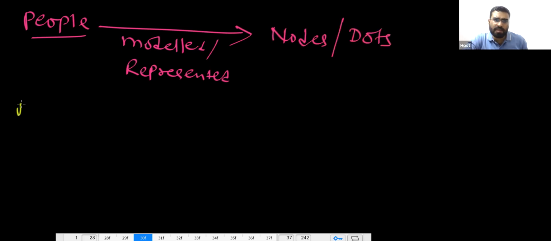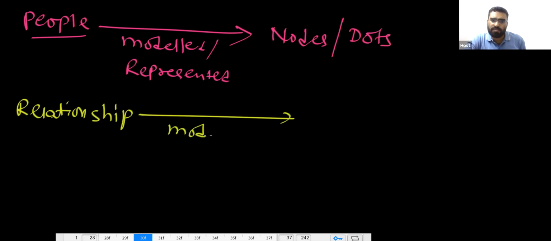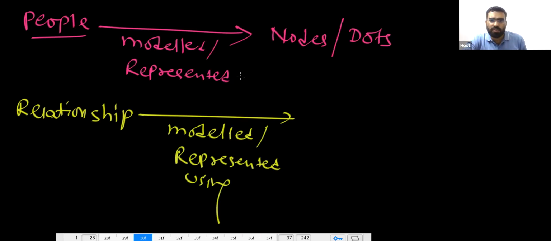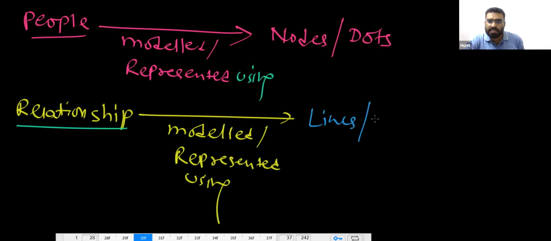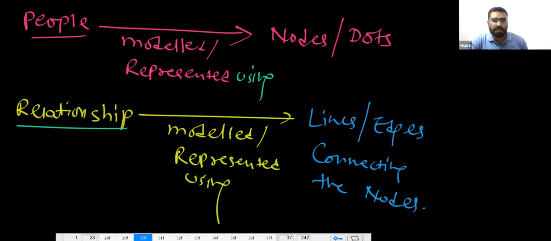And this relationship between them, that we have represented using what? Using lines, or I can say edges, connecting the dots, connecting the nodes. Okay, so this is the idea.